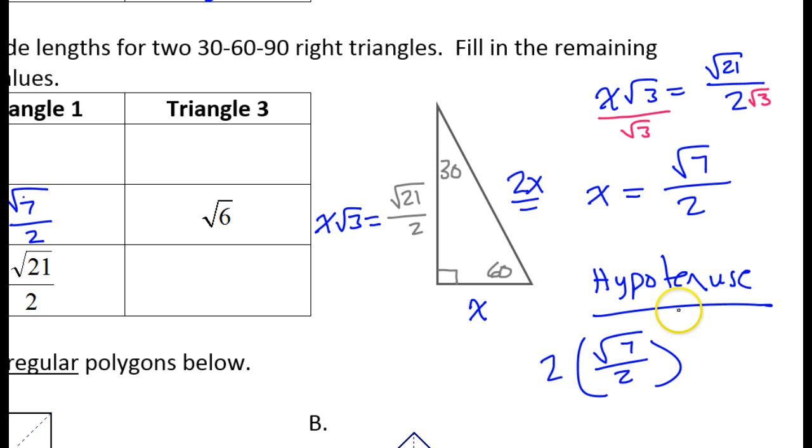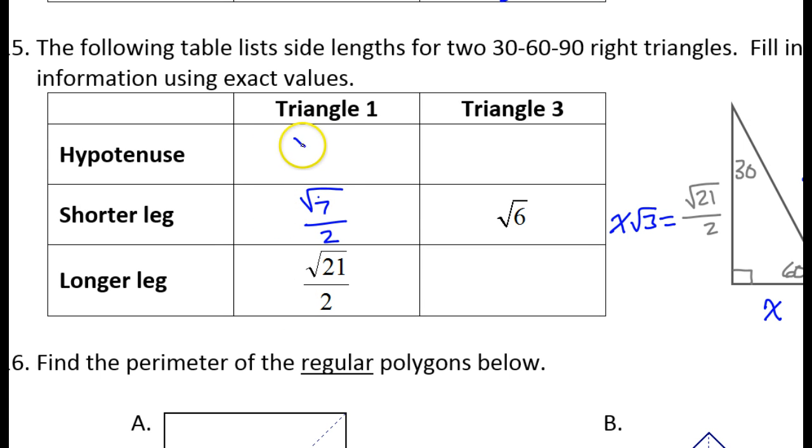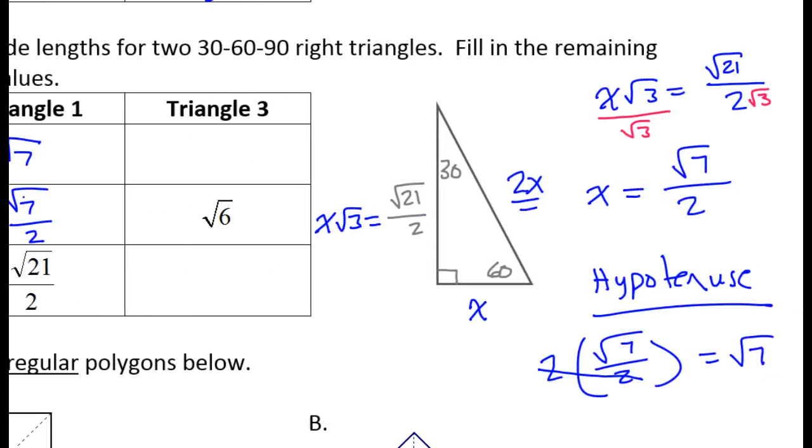Alright, if I double it, then I've got the hypotenuse. Well, look, these are just going to cancel each other out, and that'll give me radical 7. That's how you double that. Alright, so the hypotenuse should simply be radical 7. Man, that's ugly. So that's it for triangle 1. Let's go for triangle 3.